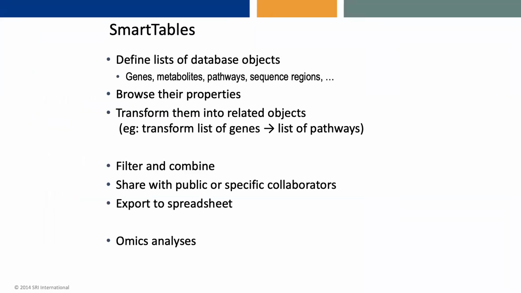Okay, smart tables. Smart tables are a very powerful tool within BioCyc. One of our curators, not Ingrid, has referred to them as sort of a bioinformatician in a box. You create them by defining lists of database objects. These can be basically any kinds of objects: genes, metabolites, pathways, sequence regions. They let you browse and work on their properties, and you can transform them into related objects.